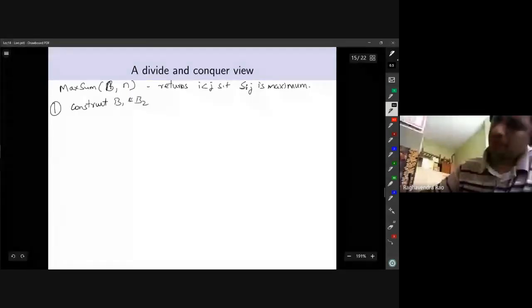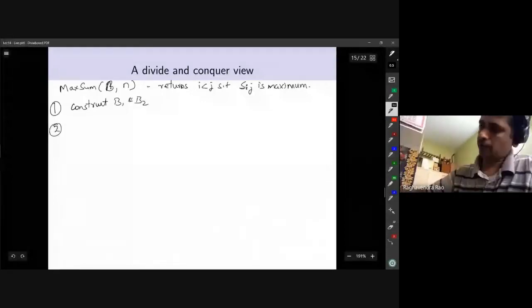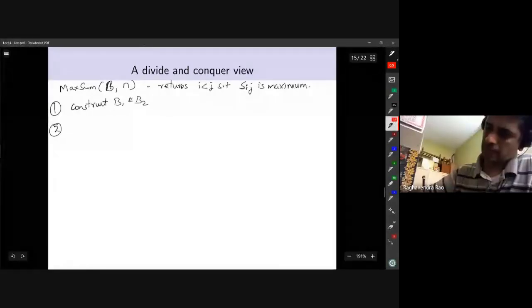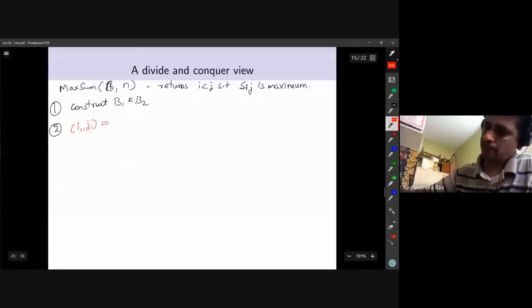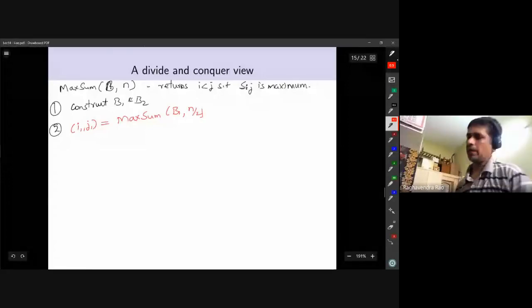Let's say i1 j1, computed by a recursive call with subarray B1. What is the size? n by 2. Again, as usual, I just ignore the cases when n is odd.